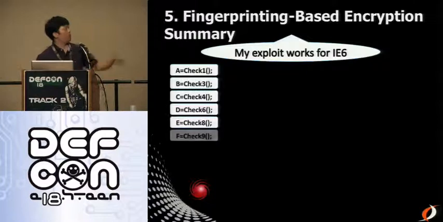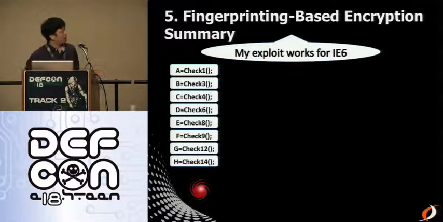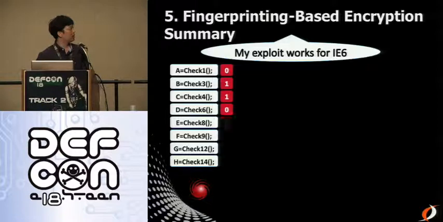So in order to correctly detect IE6, we're going to use this subset of our checks: 1, 3, 4, 6, 8, 9, 12, 14. We're going to assign them to each variable, generate this piece of JavaScript to be served together with the exploit, and then generate the correct answers. If you are IE6, the correct answers should be those.